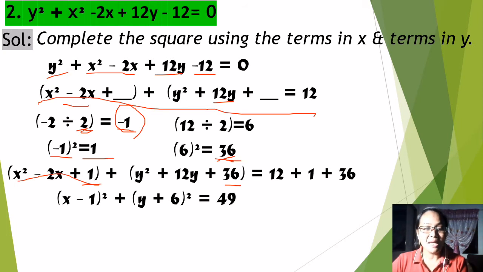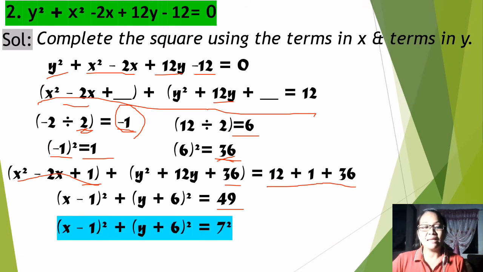Plus, copy y, and then, yung result ng dinivide natin by 2, which is positive 6, and then exponent na 2 outside the parenthesis is equal to, i-combine natin lahat ang ating constant. So, 36 plus 1, 37 plus 12, we have 49. And 49 can be written in exponential form, which is 7 squared. Therefore, we have now x minus 1 squared plus y plus 6 squared is equal to 7 squared.